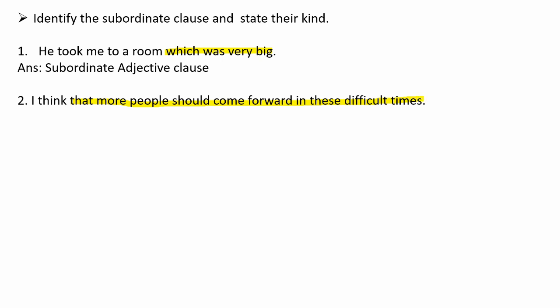Form a WH question to get the subordinate clause as the answer. And the WH question will be what I think. So as the WH question starts with what, the subordinate clause is a noun clause. So that more people should come forward in these difficult times is a subordinate noun clause.